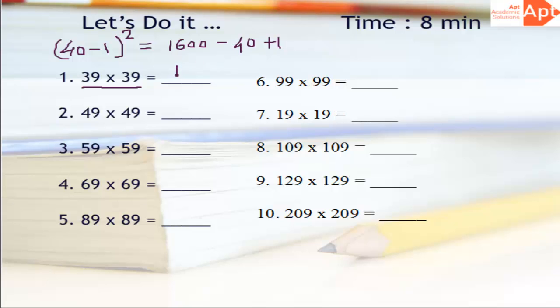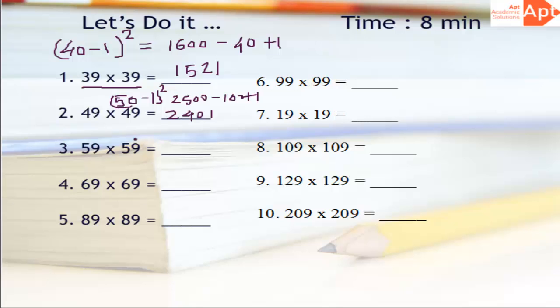Okay, so this is going to give you 1521. Similarly for 49 square, what we have to do, 50 minus 1 whole square. So it's easy, that is 2500 minus 100 plus 1. So it is going to give you 2401.